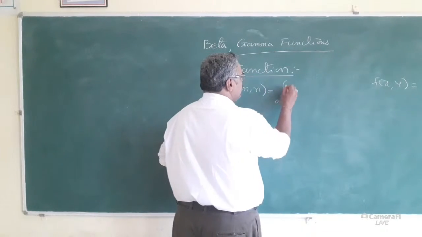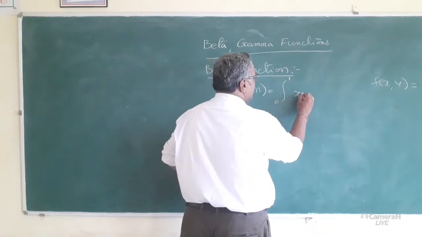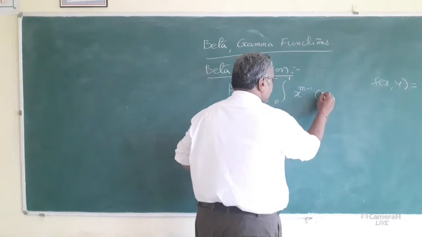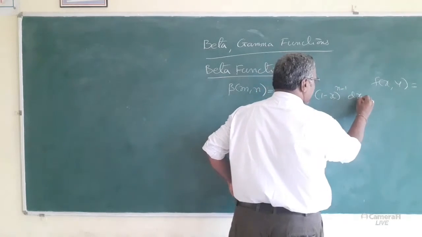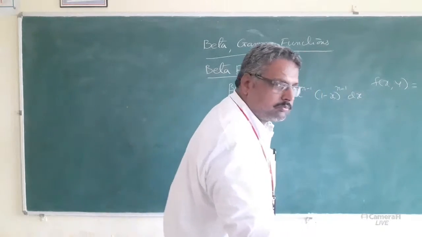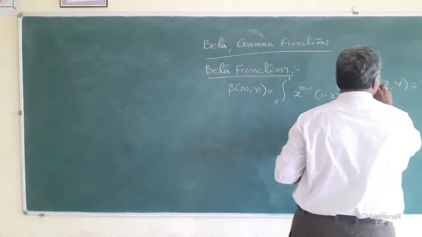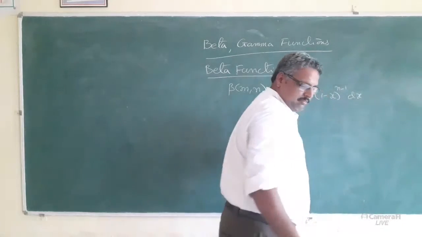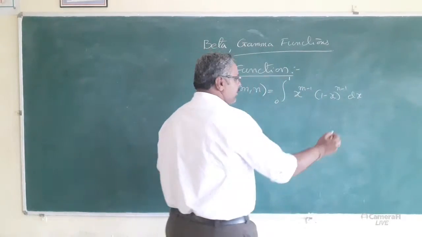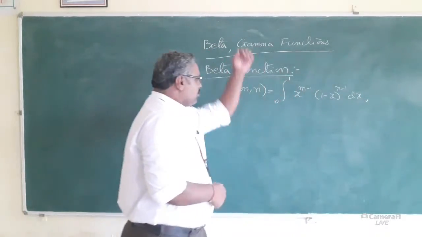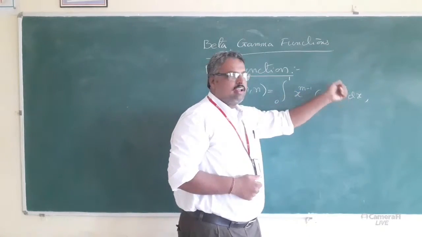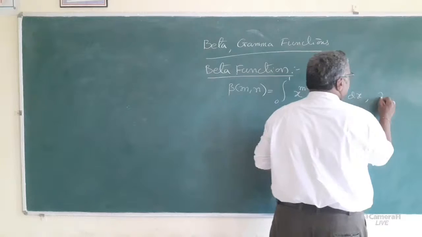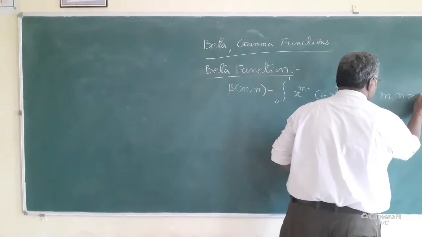Integral 0 to 1 x power m minus 1 into 1 minus x whole power n minus 1 dx. Also, if you observe, there are two unknown variables m and n, both positive.